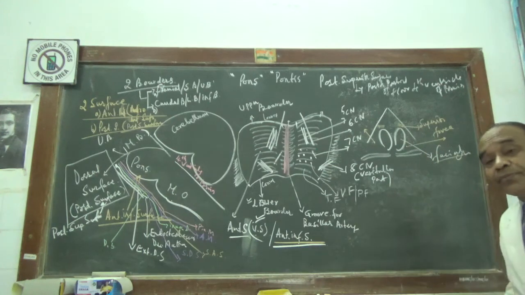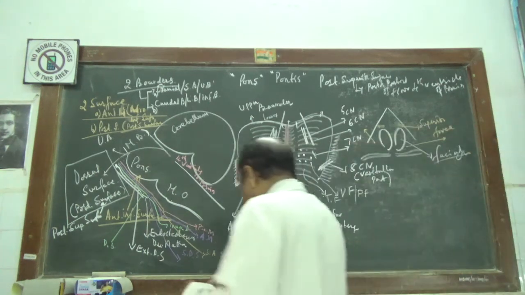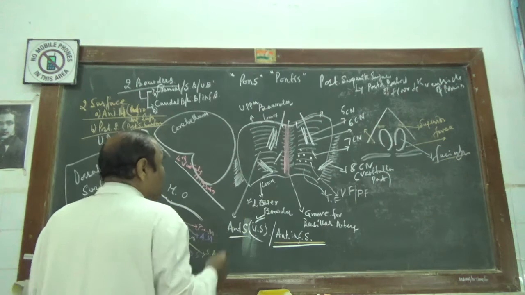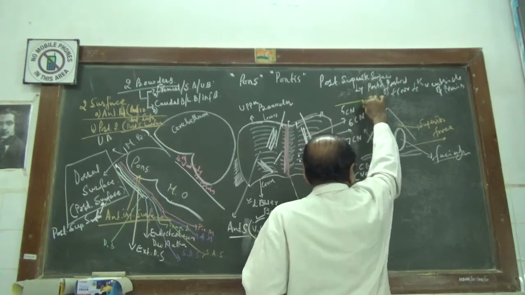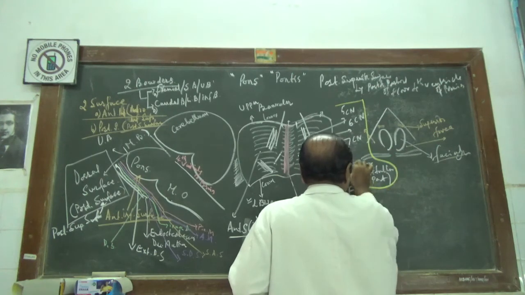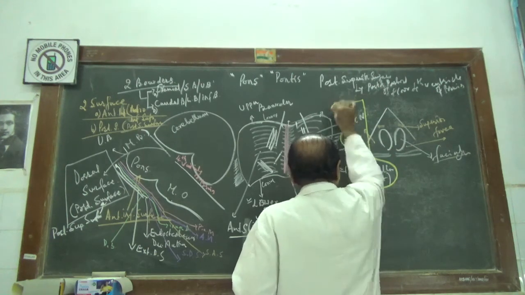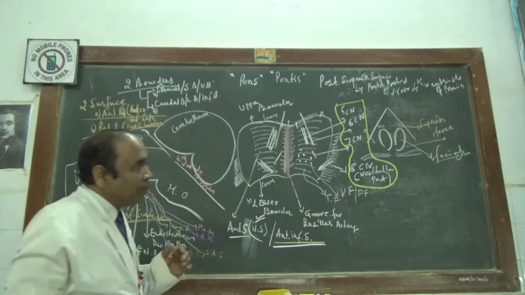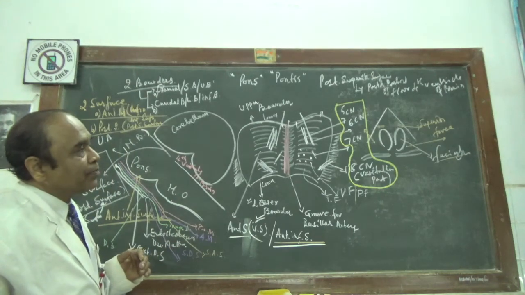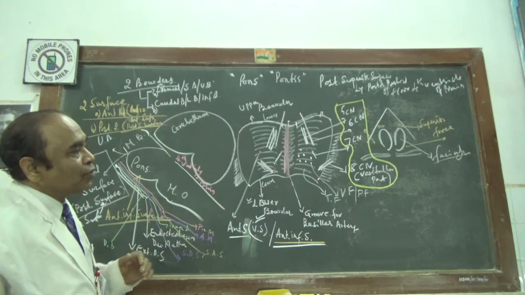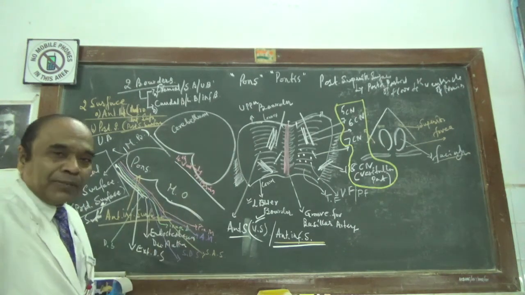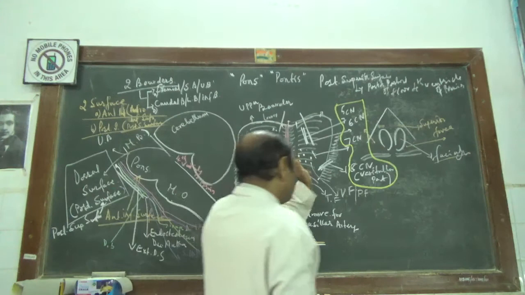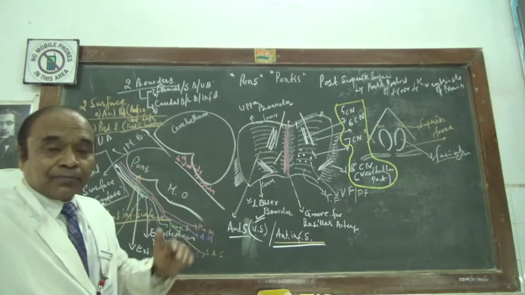So with a little emphasis on the cranial nerves arising from the pons, these are the things you should know. Yesterday you did the medulla oblongata.